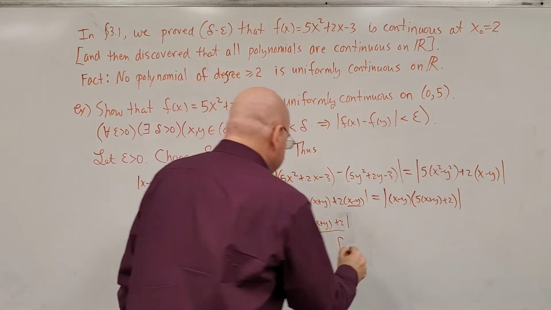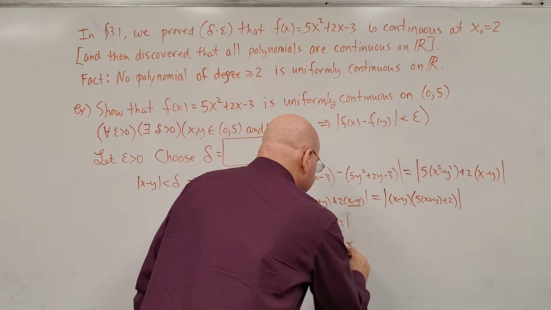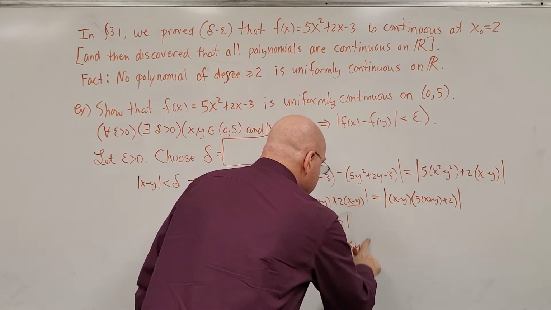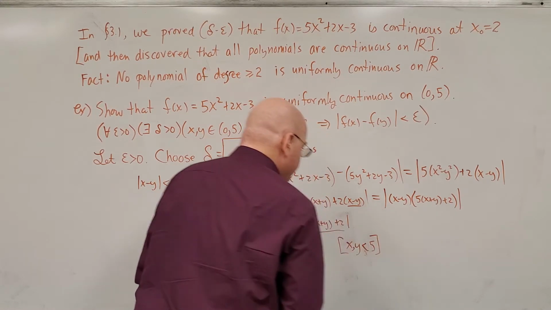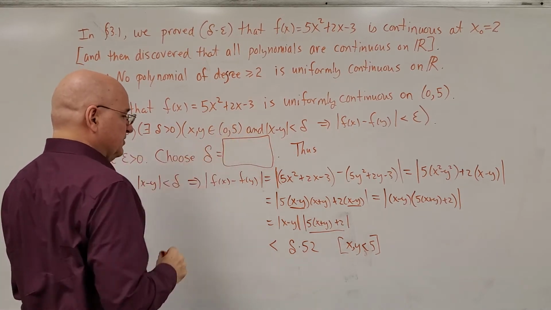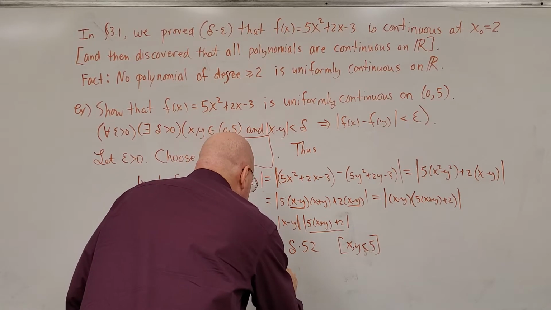Maybe I'll go ahead and say the reason for that is because x and y are strictly less than 5, because of the domain we set up for this function. So 52 delta.